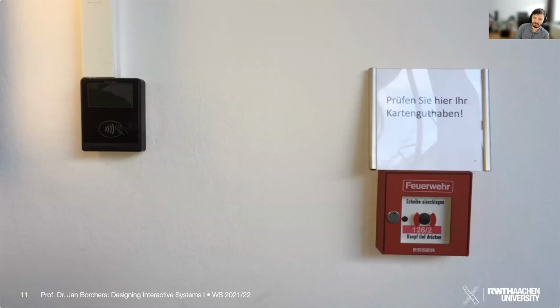And unfortunately, the image is in German, but the sign there on the top right says, check your payment card here. And this is placed on top of a fire alarm. So we really hope that people do not just rely on the Gestalt law of proximity here, because otherwise this would be a very, very expensive mistake.